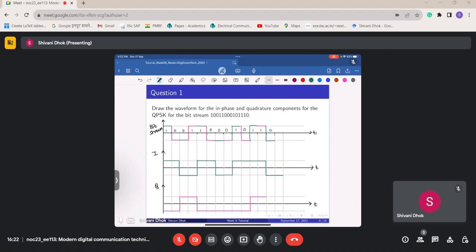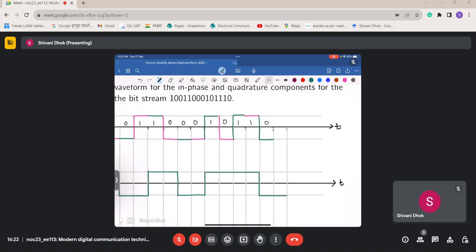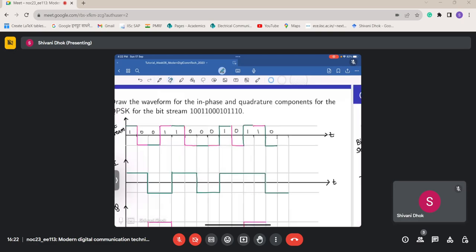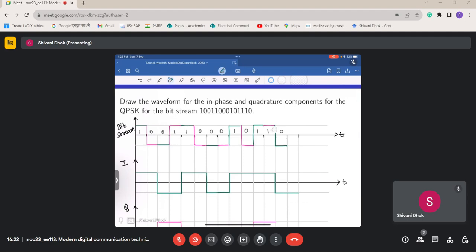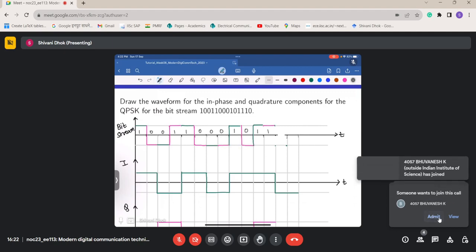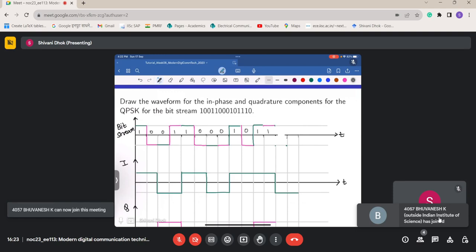I think I made some mistake. Yeah, there is a small mistake here. So this was 1, this was 1 1 0.